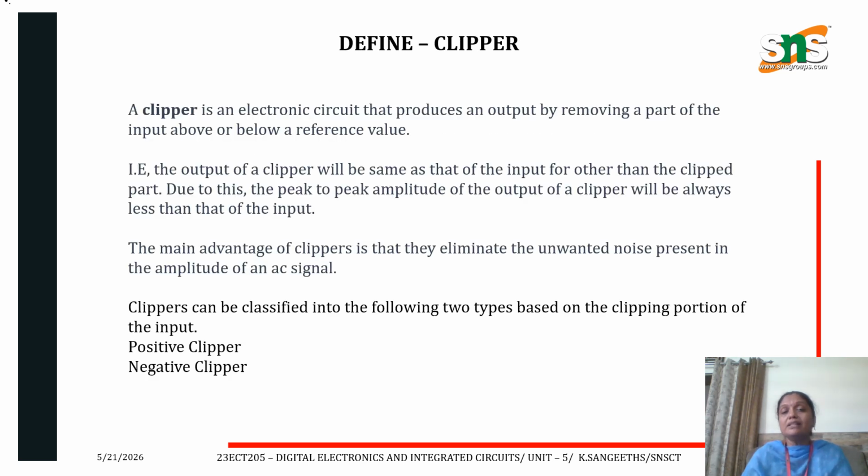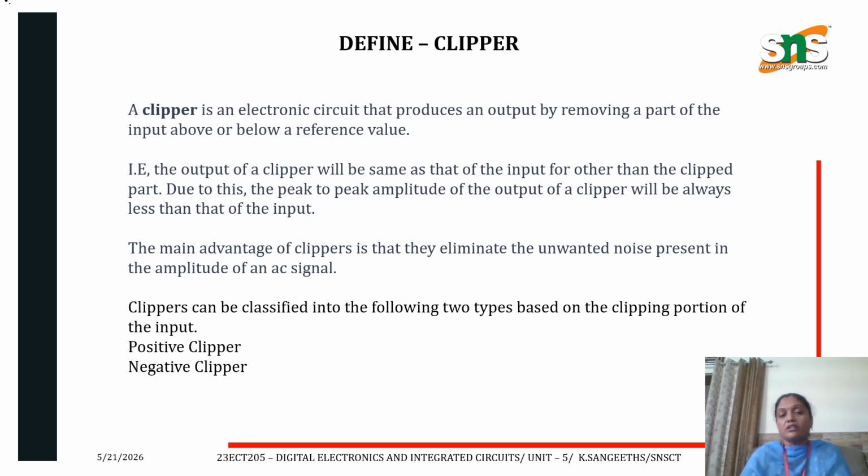So with these points, we can define the clipper. The clipper is an electronic circuit that produces the output by removing a part of the input above or below the reference level. That is, the output will be the same as that of the input other than the clipped part.